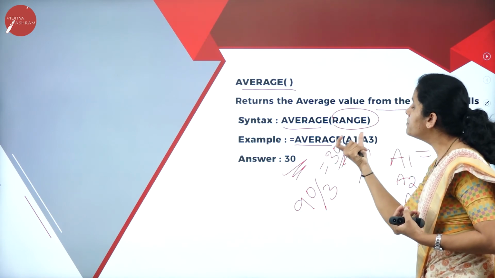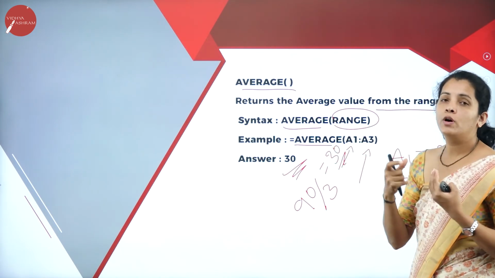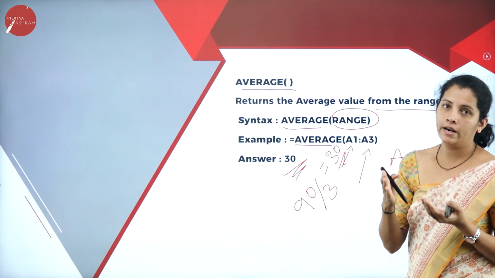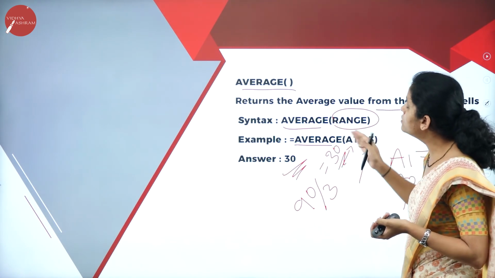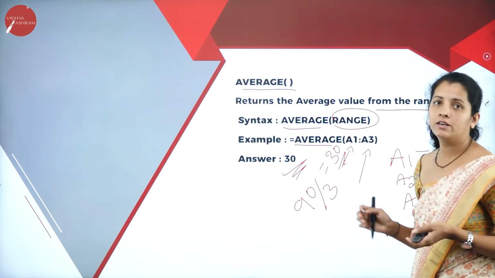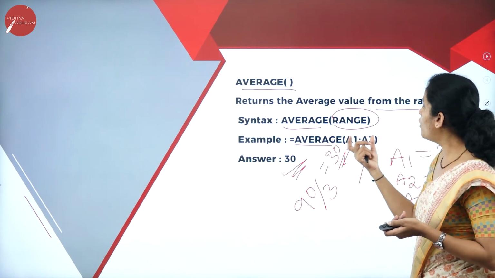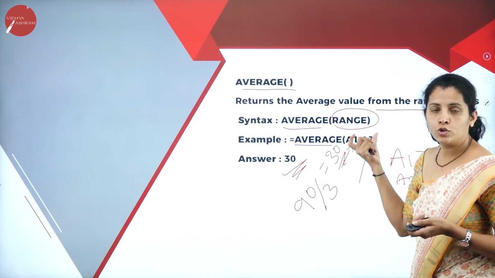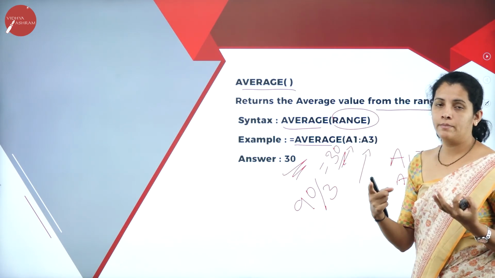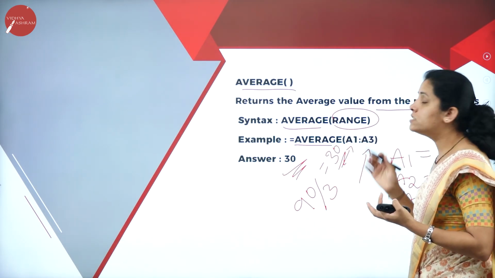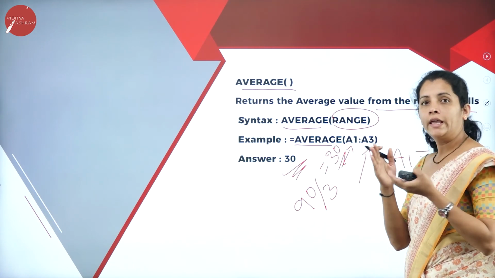So while specifying the range, we want to specify the cell range. Based on that, the average function is going to return the value. So how many values am I going to specify here? That is 3, because my range starts from A1 to A3.